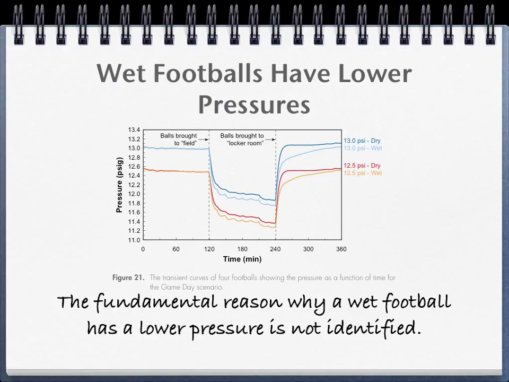The engineering analysis recognizes that wet balls can have lower pressures. So this is a chart that they took 1 or 2 footballs and tracked their pressures as they cycle through the expected temperature differences that occurred before the game, during the half, and at halftime.